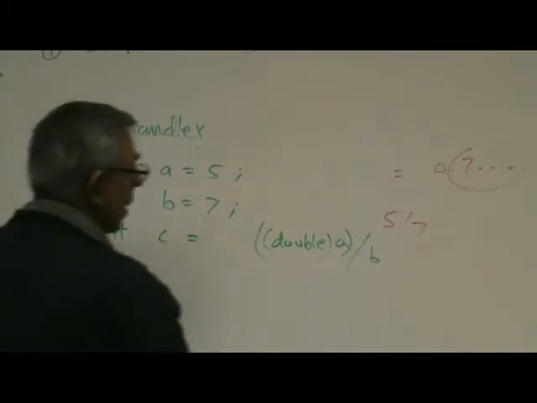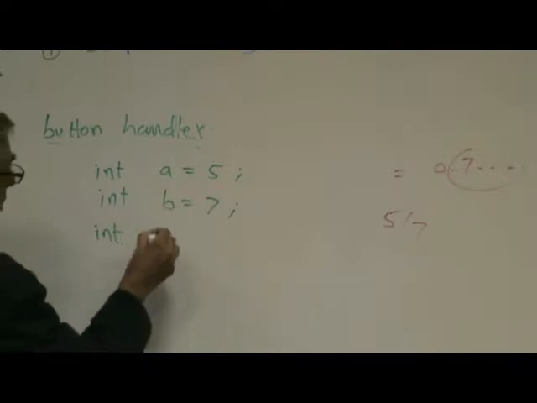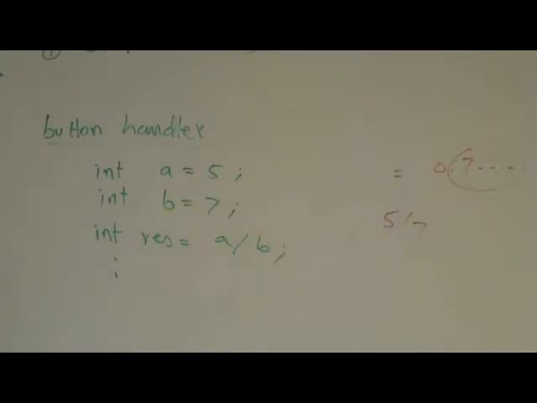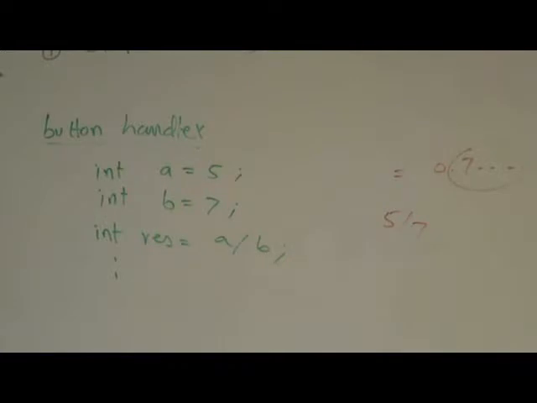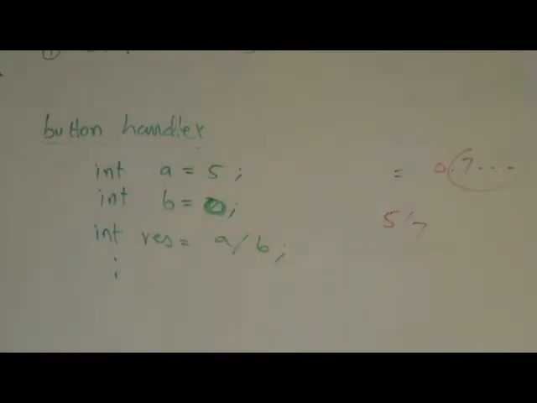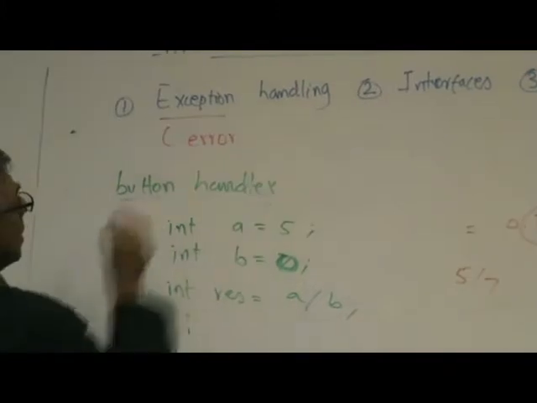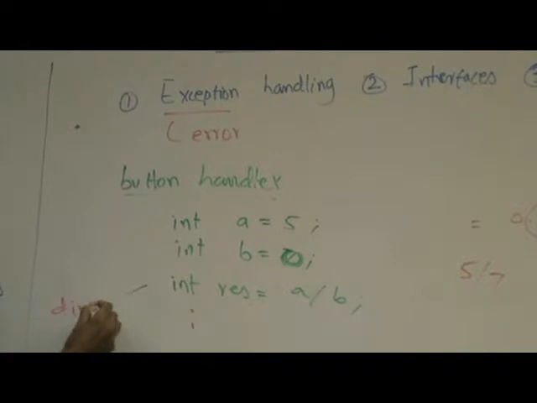So anyway, now let's pretend once again you were doing something A divided by B. This B was being read from a file or was being read from the user input. What if this happens to be 0? Divide by 0. Then you will get an error message. See, exception is another word for error. You'll get an exception saying divide by 0 exception occurred.